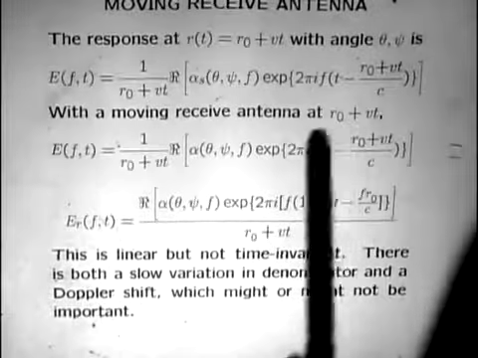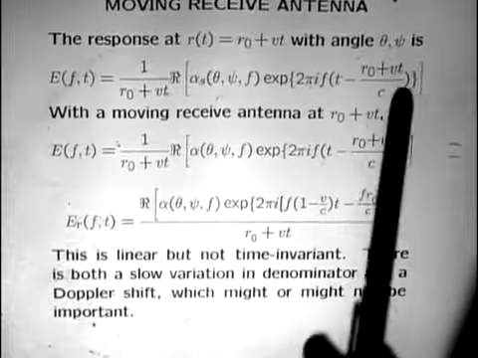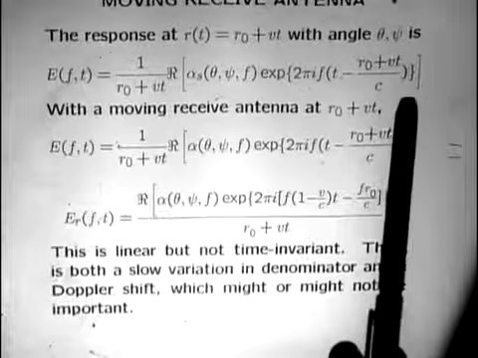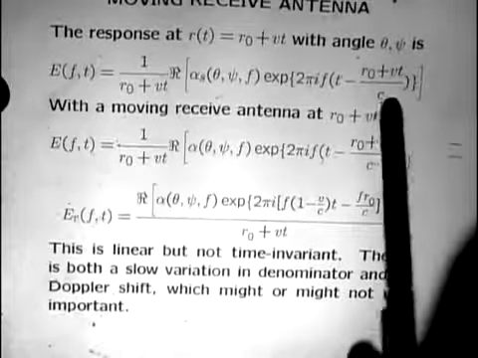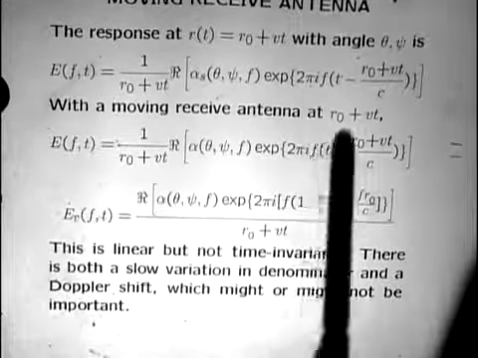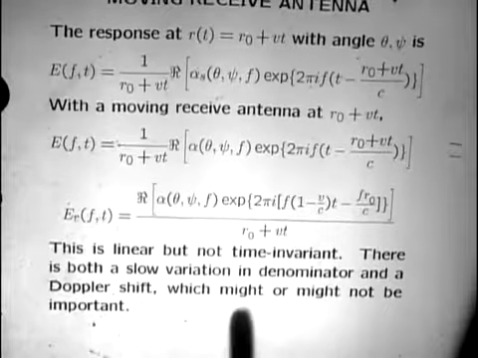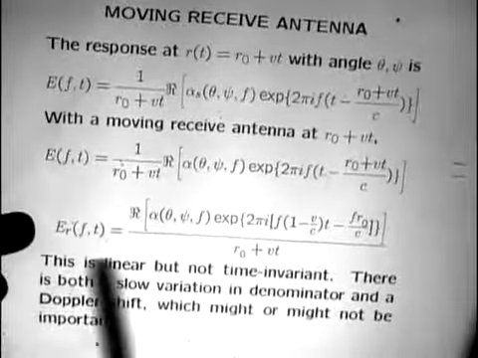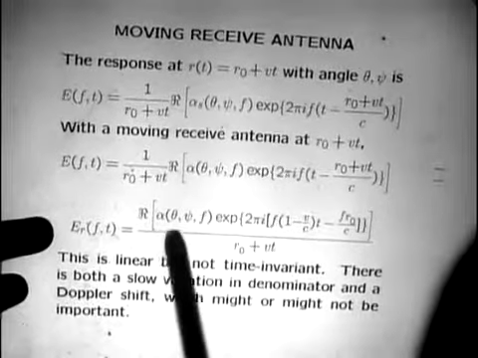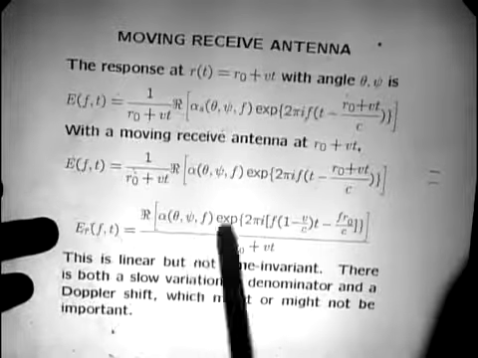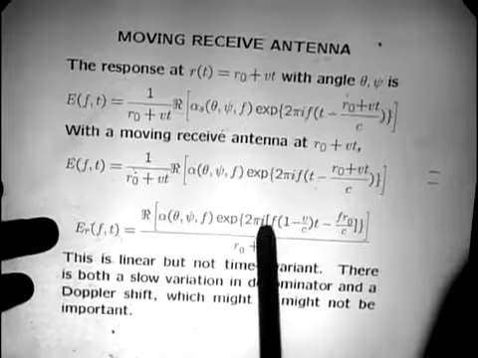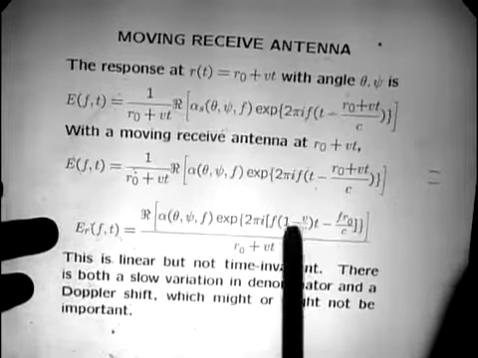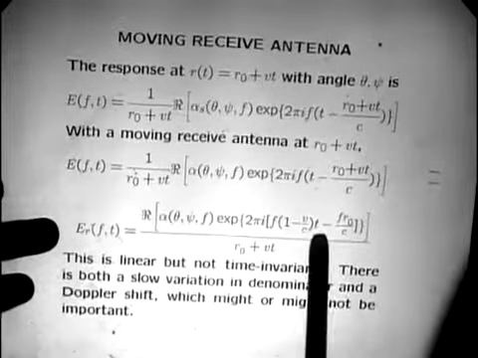Okay, so that's just what the same equation says, but we can now interpret this nicely if we take the vt over c and combine it with the ft here, and then we get something which looks like this antenna pattern again, e to the 2 pi i f times (1 minus v over c) times t.